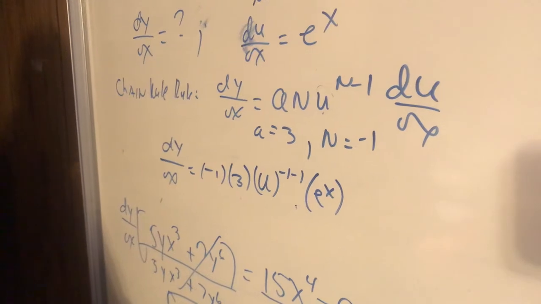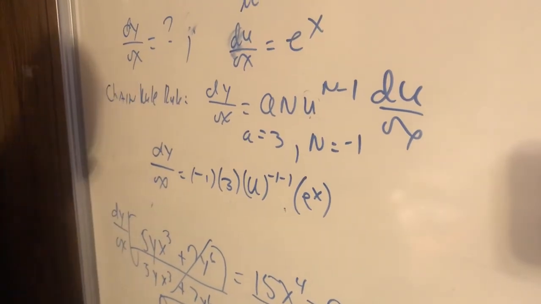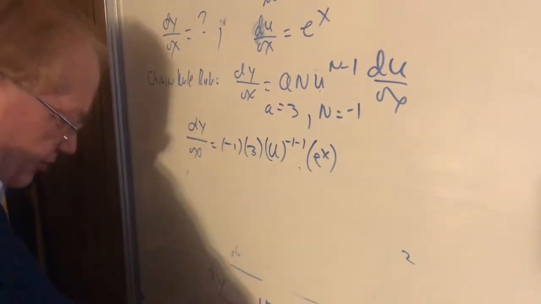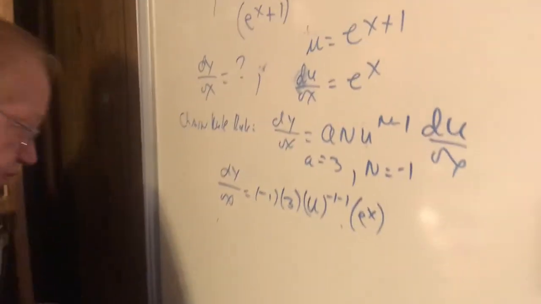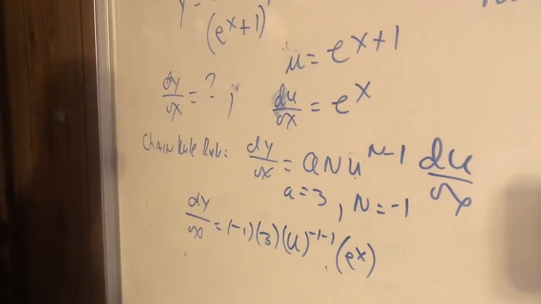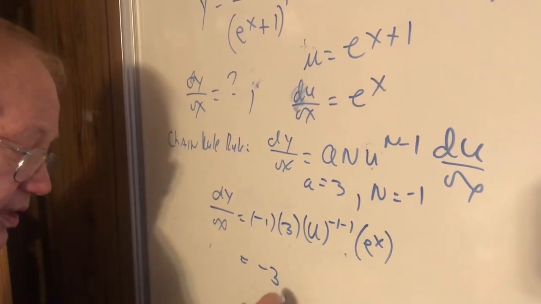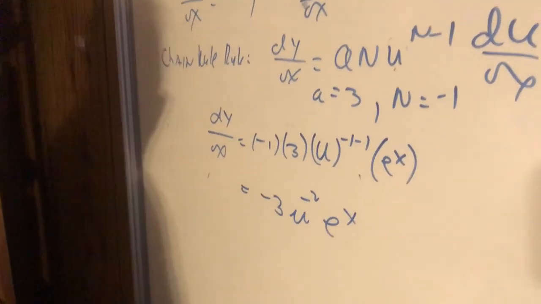Now let me get rid of this bottom part so it doesn't confuse you. That's the trouble with having just one board. Okay, let's get rid of this. This is what we had before. Okay, so this is minus 3 u to the minus 2 e to the x.